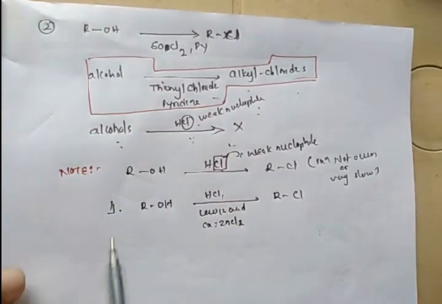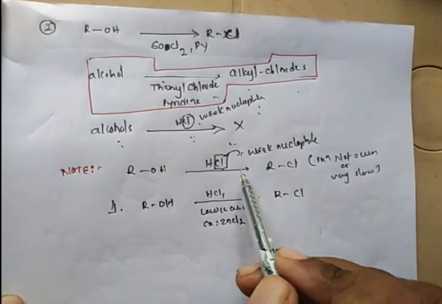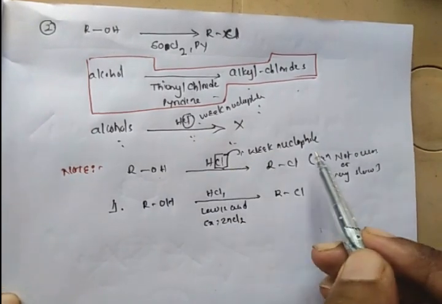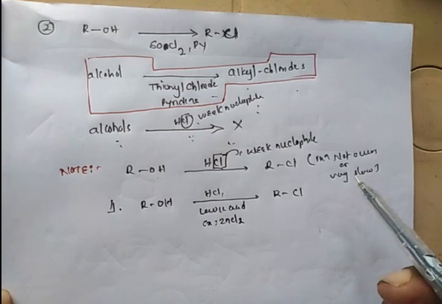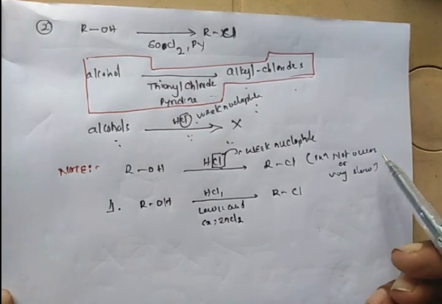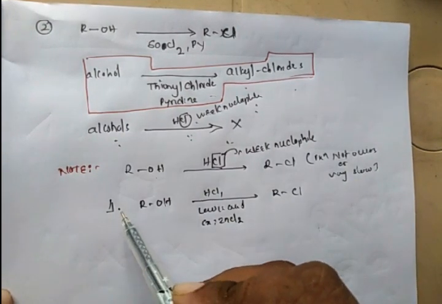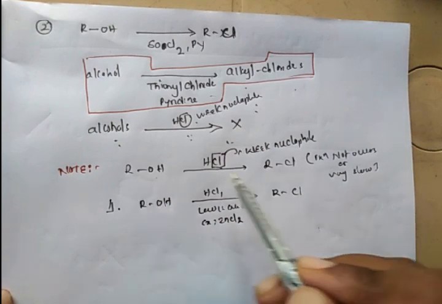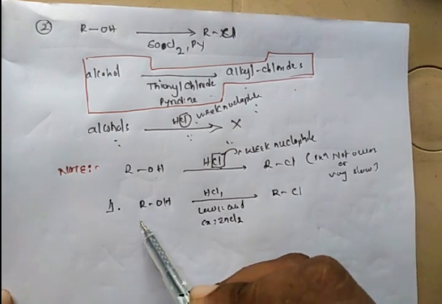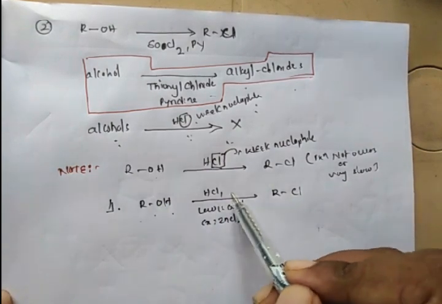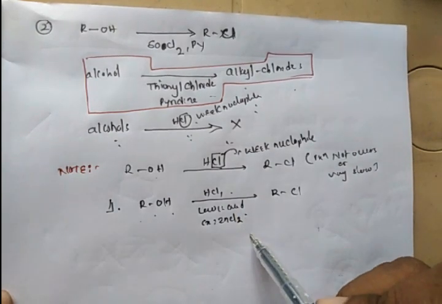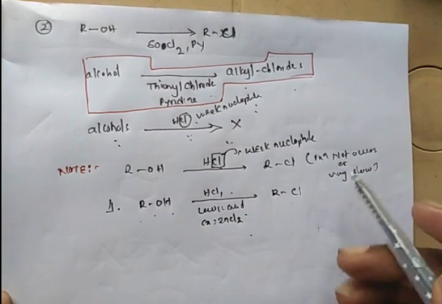I am explaining once again. When you treat an alcohol with HCl, as the chlorine is a weak nucleophile, the transformation is very slow or does not occur. So the best alternative is treatment of the alcohol with HCl in presence of Lewis acids. You will get this alkyl chloride.